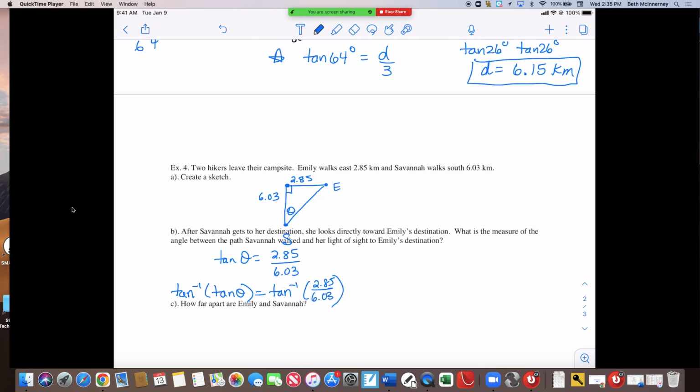Now you are allowed to skip that step if you want and just write theta equals the inverse tangent of 2.85 over 6.03, because inverse tangent and tangent knock each other out. Okay, they're inverses of each other. So use on the graphing calculator, when you press trig, there's an inverse button on the bottom row on the TI Nspire. So I got 25.3 degrees.